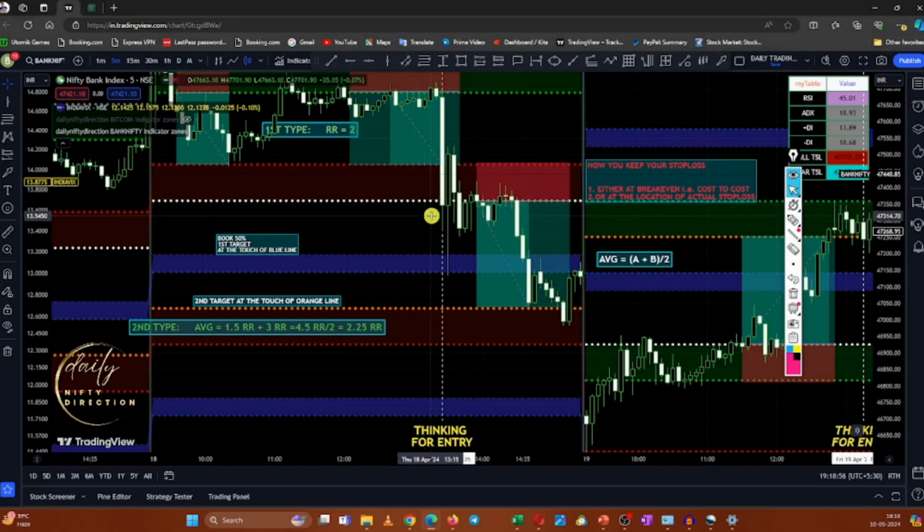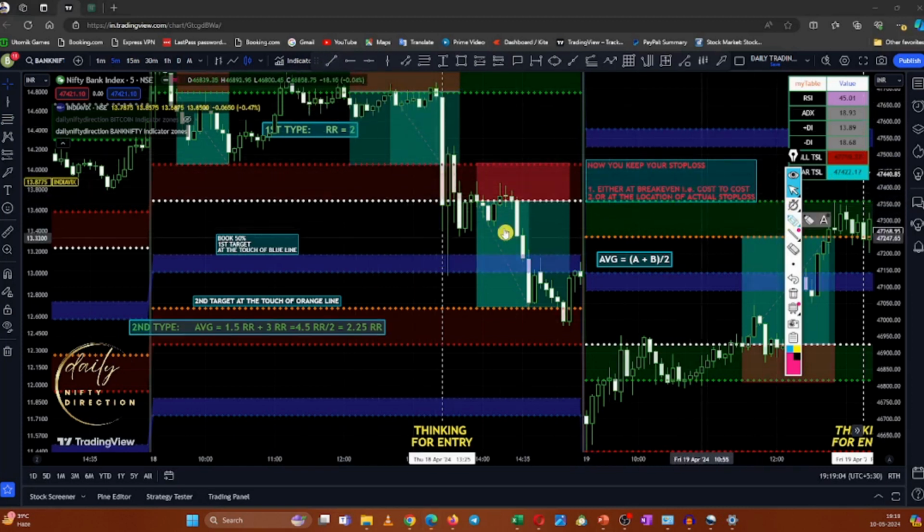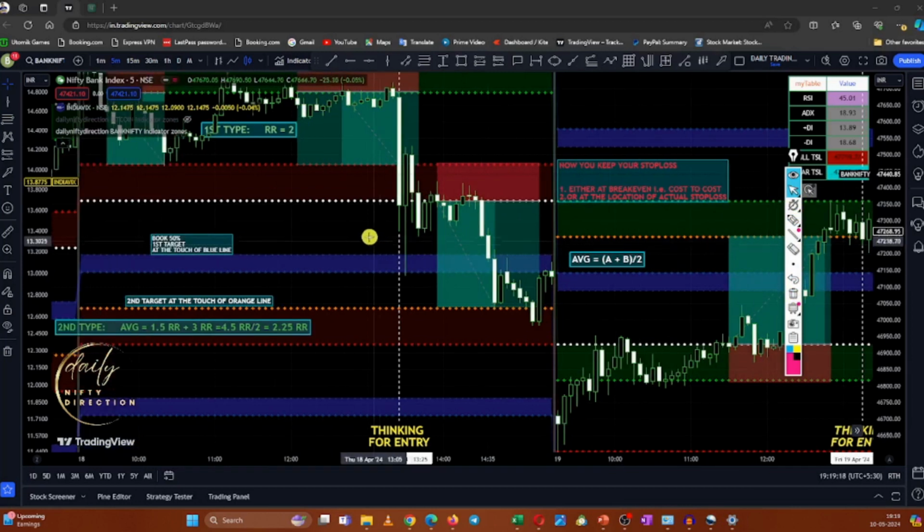Now you will wait for a retest, so that it may take support at your SL and then breaks out. Okay, so you are thinking like this, but suddenly what happens is that it also breaks upside.